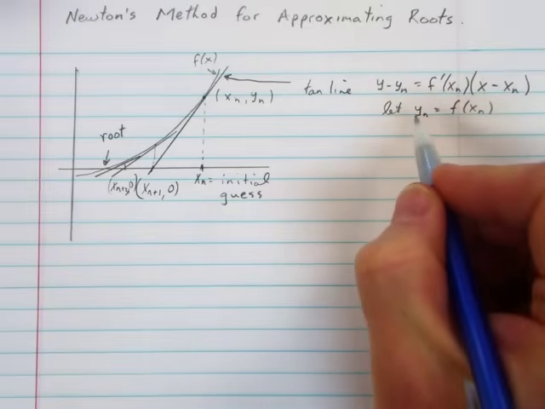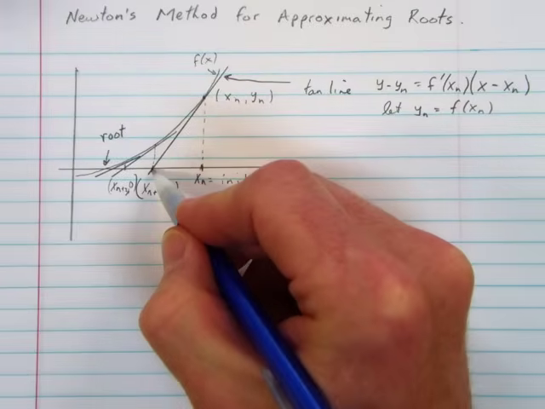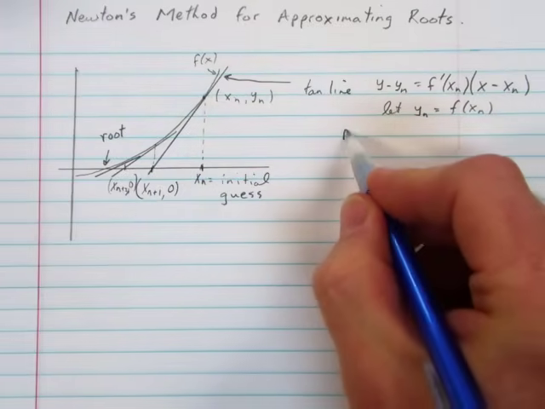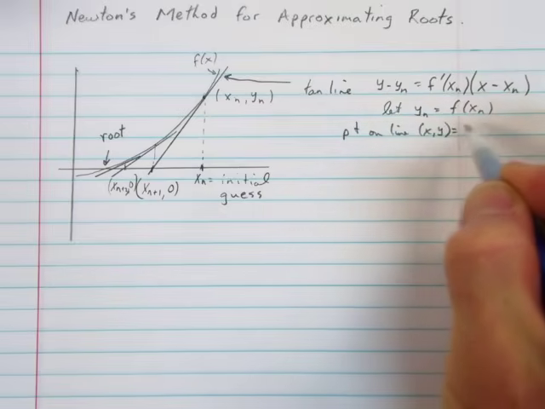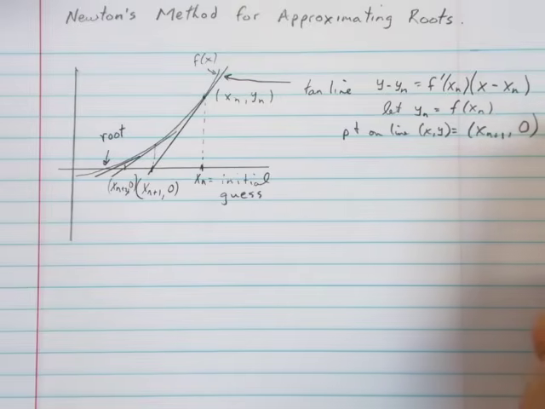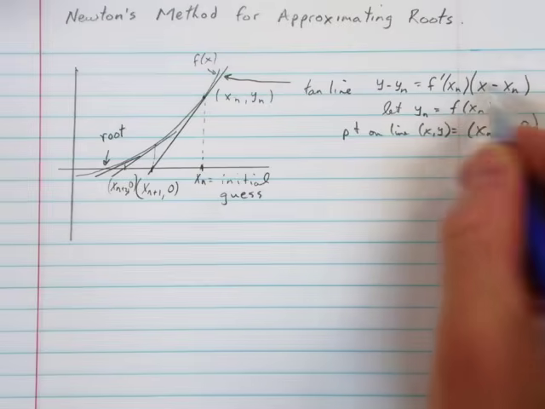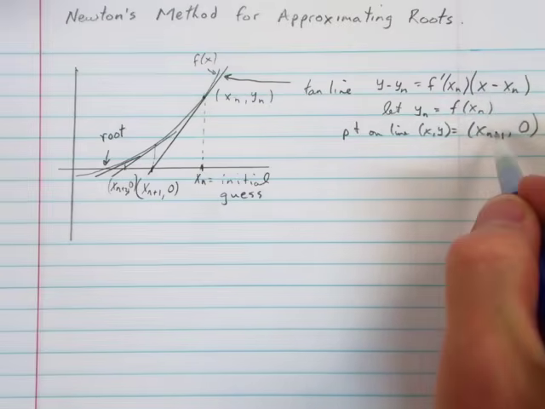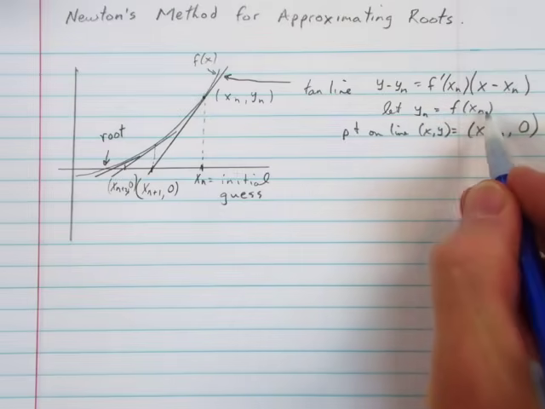Now we need another point on this line. What's another point? We can see here that it crossed down there. So we have this point on the line, x y, and that's going to be x sub n plus 1, comma, 0. Now since it's on that line, if I plug it into the equation, it must satisfy that equation. So let's first change y sub n to f of x sub n.